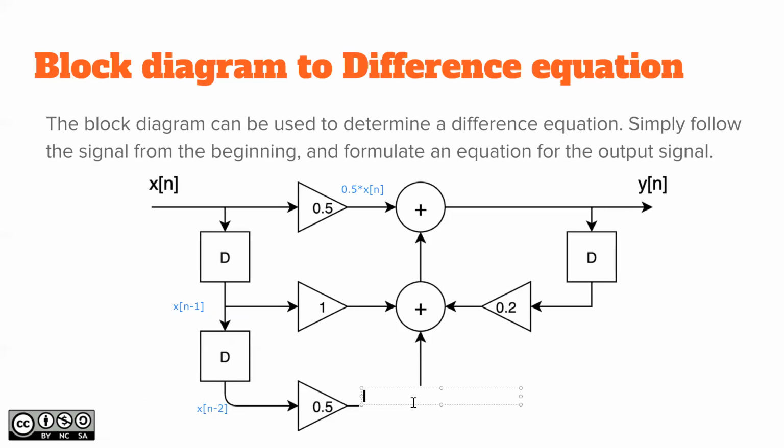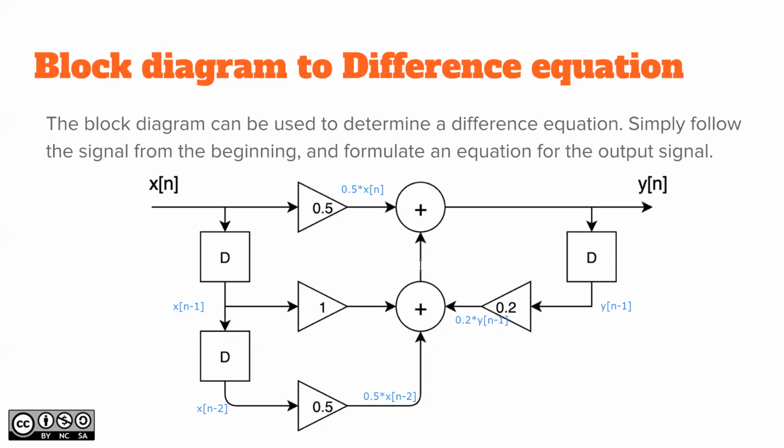Okay, and here we have 0.5 times x of n minus 2 at this point. Here we have x of n minus 1. At that point we have, oh, it's plus, yes, 0.2 times y of n minus 1. And then we have the addition.